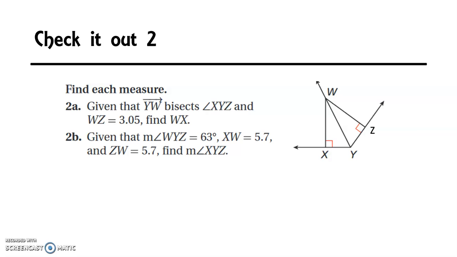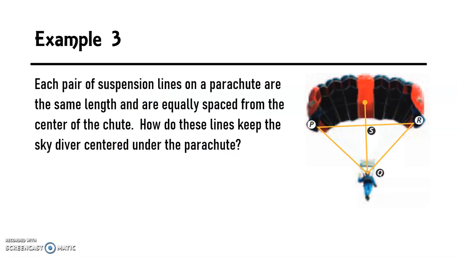In example 3, it says each pair of suspension lines on a parachute are the same length and are equally spaced from the center of the chute. How do these lines keep the skydiver centered under the parachute? So what they've told us is that the suspension lines are the same length. That means that PQ is equal to QR.